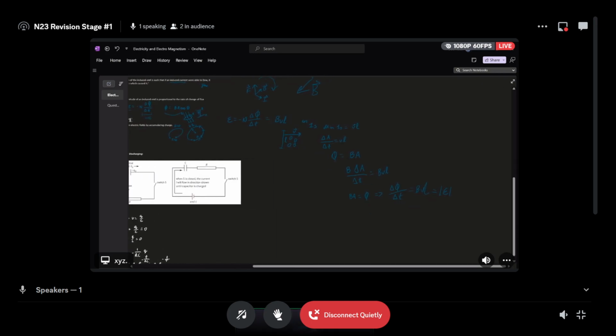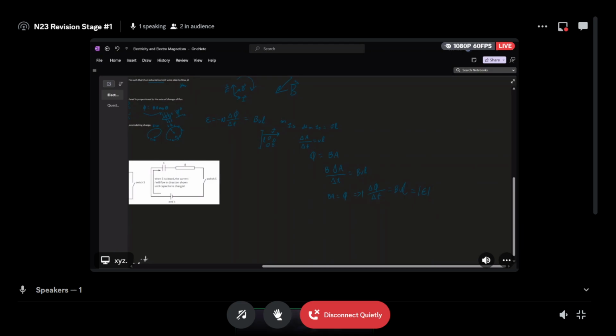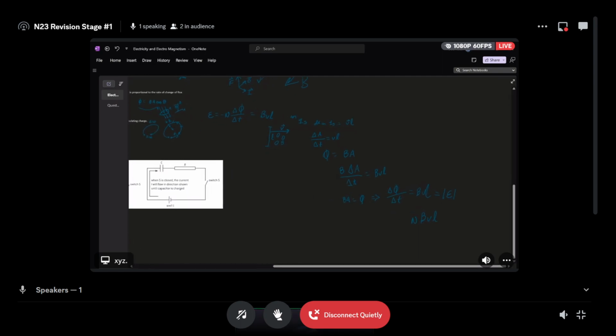And then you also have one more. When there is linkage, you just stick an n and it becomes nBvL. And that is, say, if you have a series of parallel wires all traveling through a field.